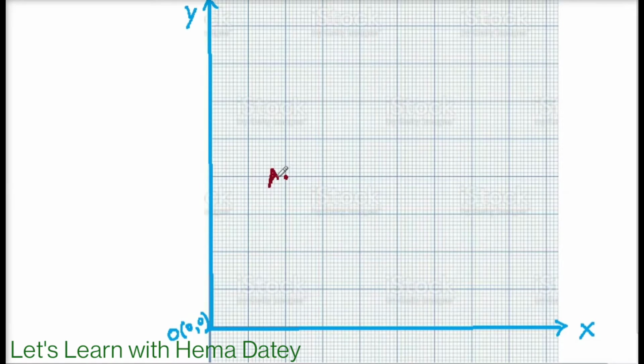Let's take 2 points A and B on the Cartesian plane. Draw a line to join them. Let's take coordinates of point A, x1, y1 and the coordinates of point B are x2, y2.